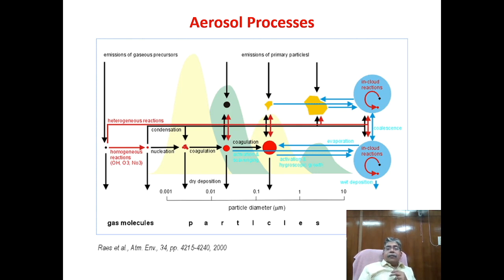So these are the various processes through which new particle formation takes place, or the particles which already exist in the atmosphere grow in size, and they eventually stay in the atmosphere with different sizes, starting from the very minute size of nanometers up to the range of almost 10 micrometers.